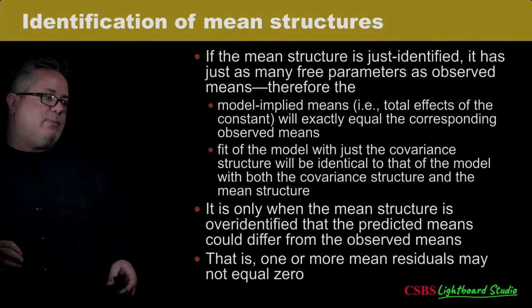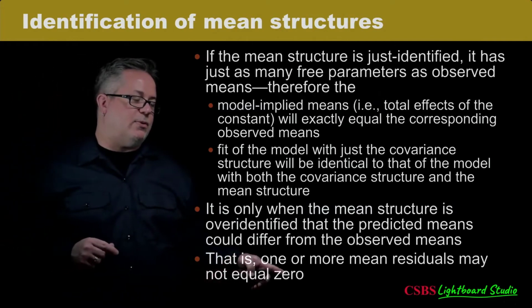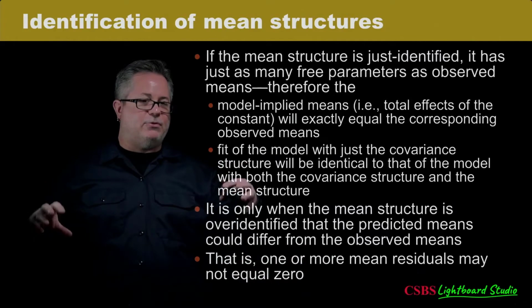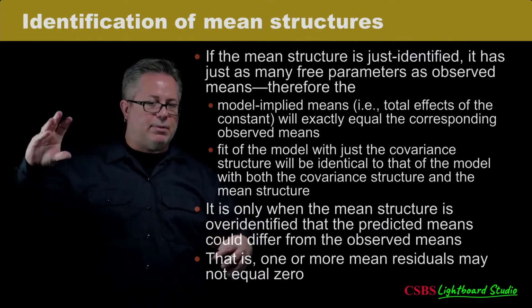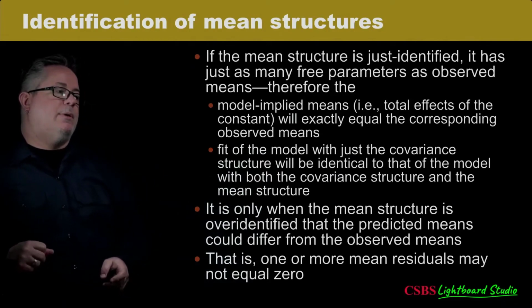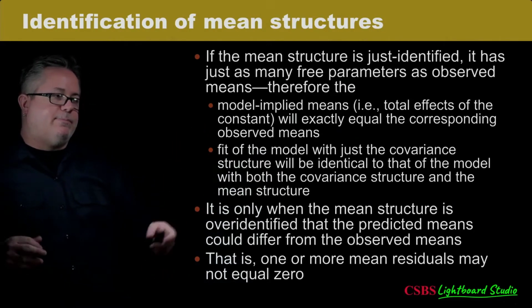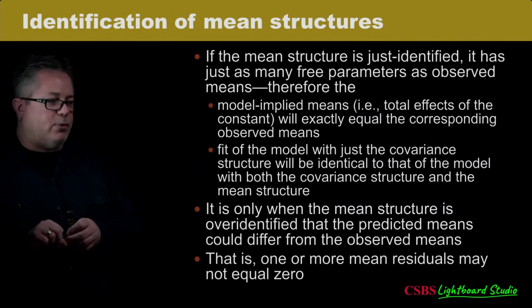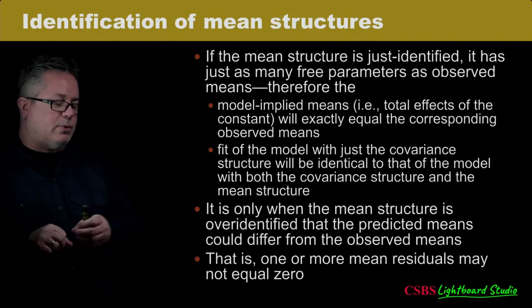That is, one or more of the mean residuals may not equal 0. For that, you have to estimate fewer means than you actually have in your data and have an over-identified mean structure component.